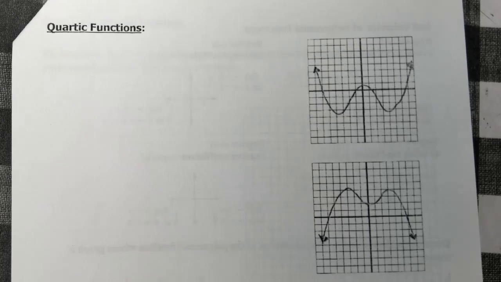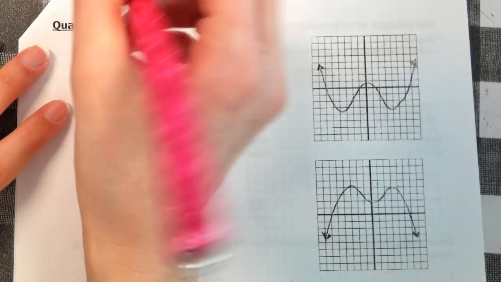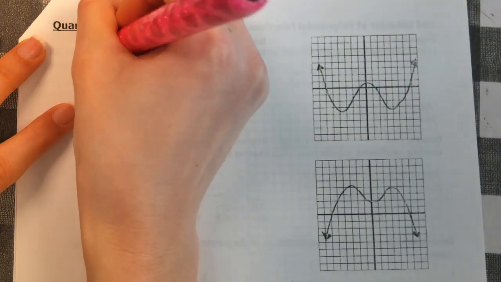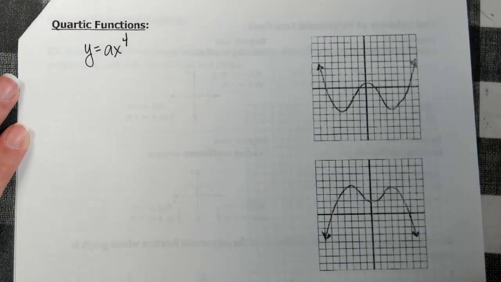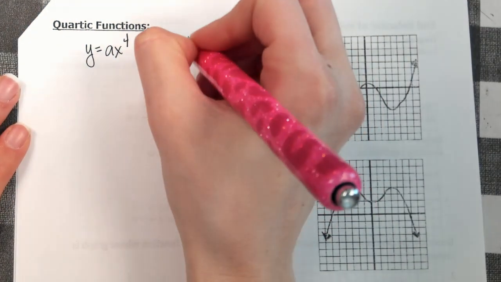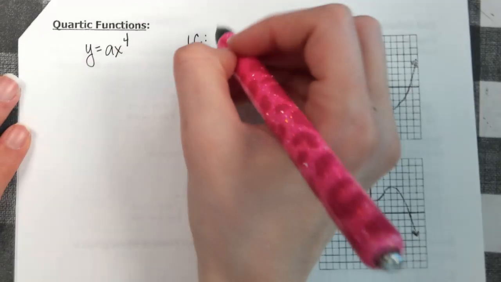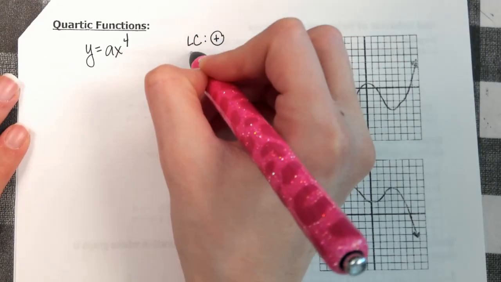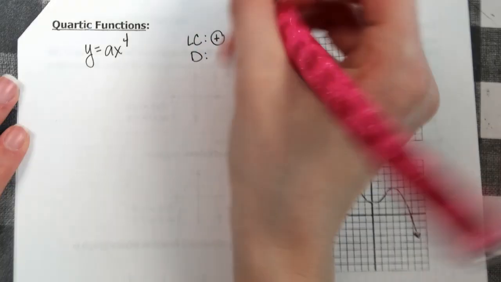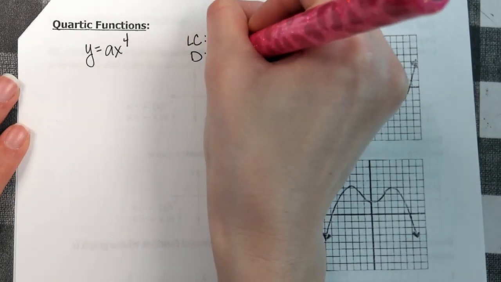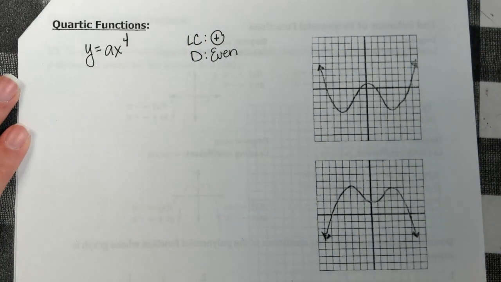Okay, so for quartic is if you have y equals ax now to the 4th power. Okay? So my leading coefficient, I'm back to having a positive leading coefficient. And what is my degree, even or odd? Even. Because quartic is a 4th degree function. Okay?